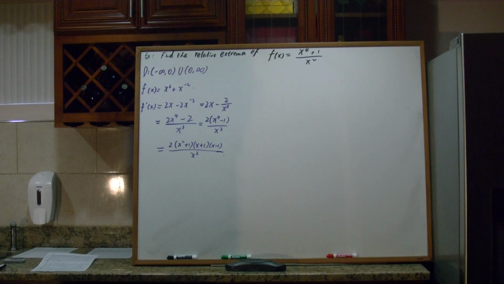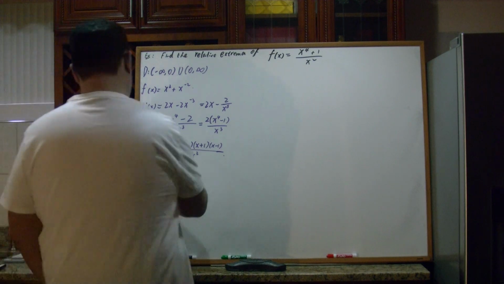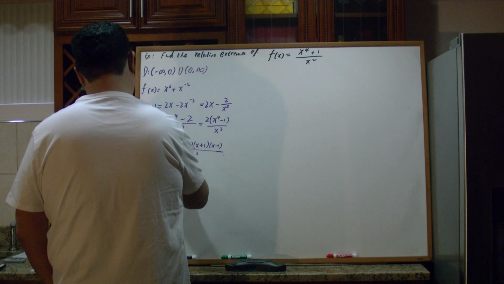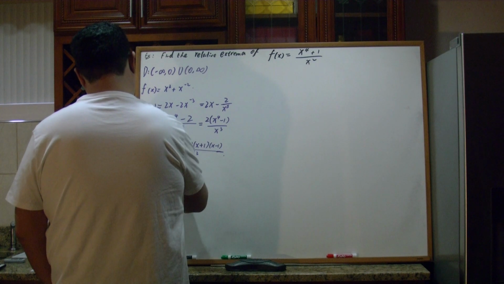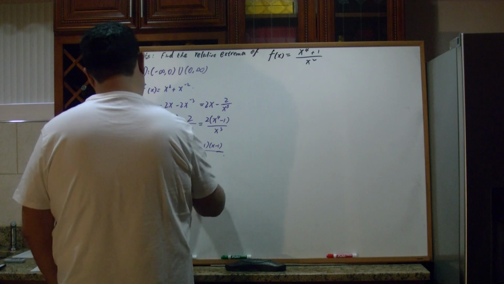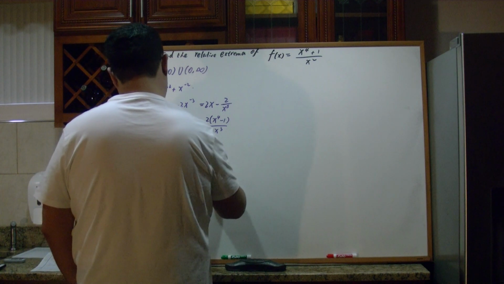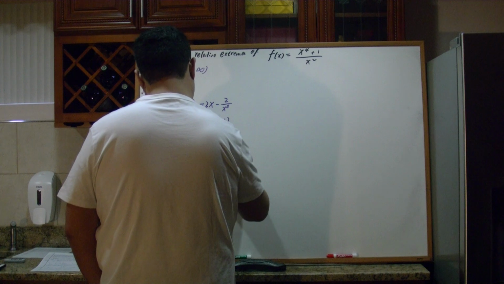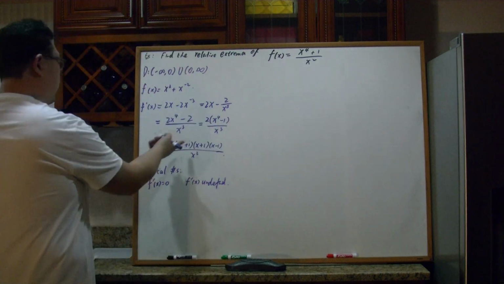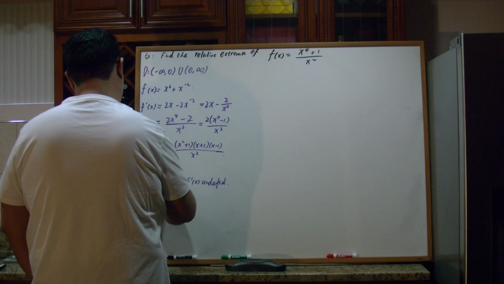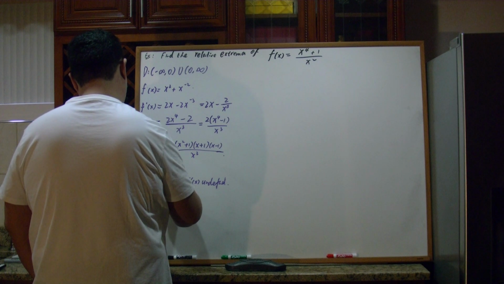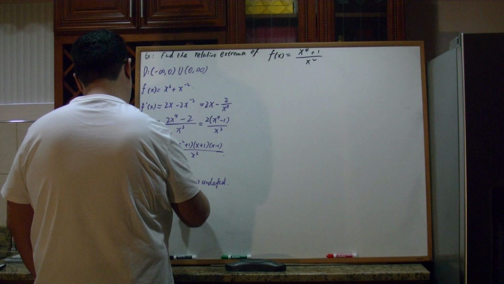Right, so to find the critical numbers, f prime of x equal to 0, or f prime of x undefined. For f prime of x equal to 0, that's the numerator 2 times x squared plus 1, x plus 1, x minus 1 equal to 0.